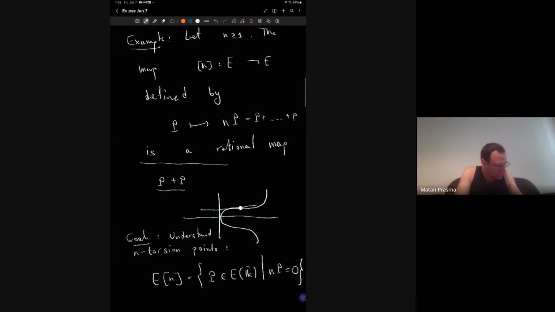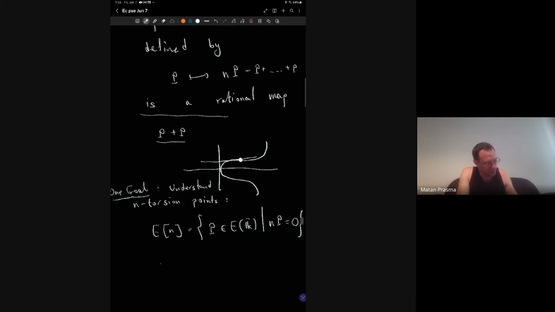So one of the goals of talking about rational maps is to understand n torsion points. And n torsion points are basically the kernel of the multiplication by n map that goes from E of K bar to E of K bar.